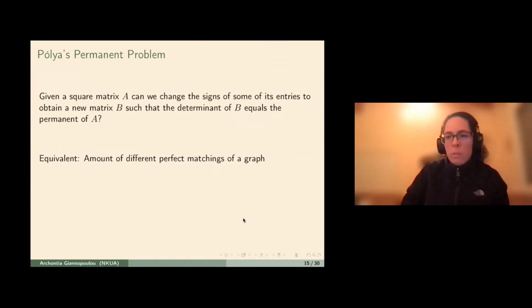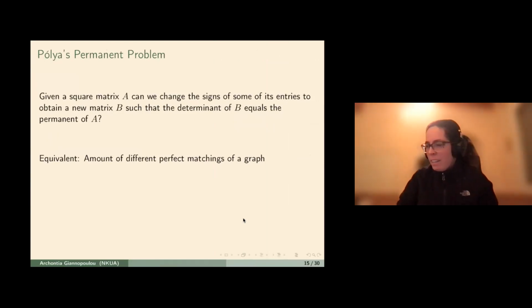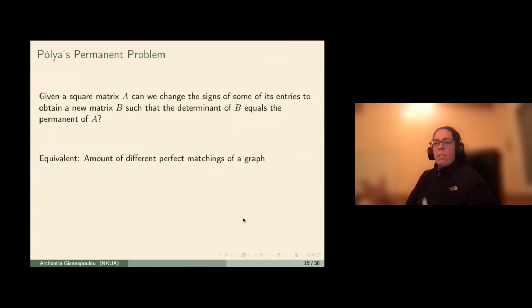I'm not going to discuss Pólya's permanent problem as well. But what happened is that with those 2 papers that I showed before, that somehow merged directed graphs with perfect matchings, a bipartite graph G is Pfaffian if and only if it does not have K3,3 as a matching minor.